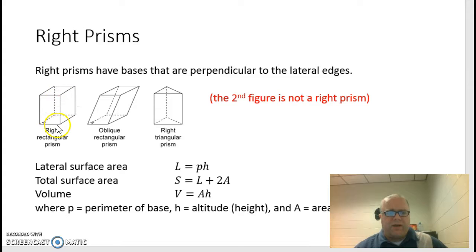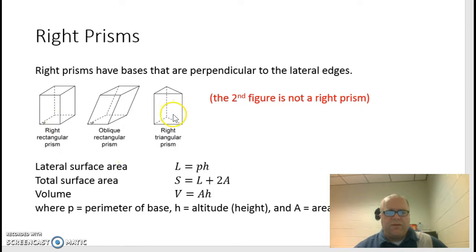And the top and the bottom, which are both the same size, are going to have a specific area for that shape. So that's the difference between the lateral surface area and the total surface area. Now the total surface area is all 4 of those lateral areas plus the 2 areas from the 2 bases.